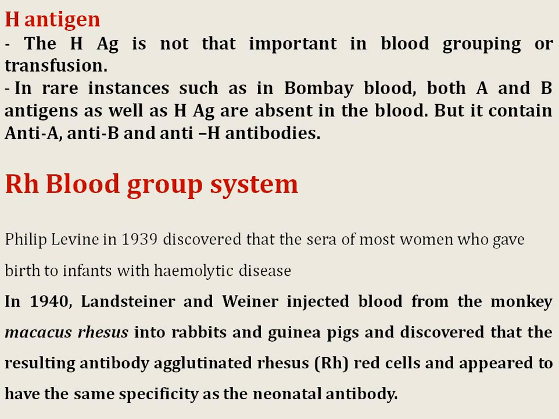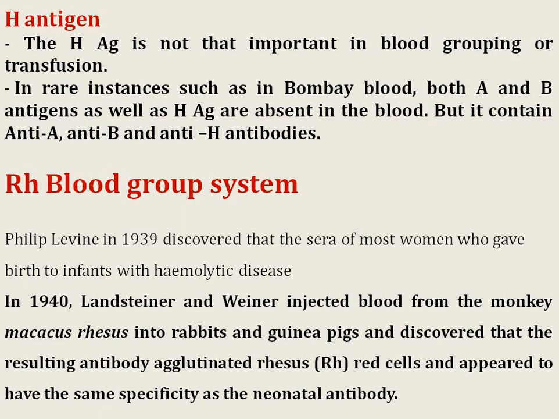Then the RH blood group system. In 1939, Philip Levine discovered that the serum of most humans who gave birth to an infant with hemolytic disease contained an antibody that reacted with the red cells.